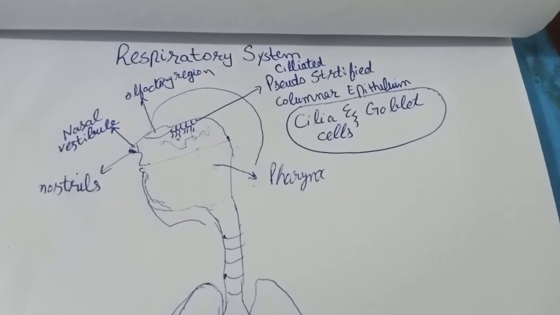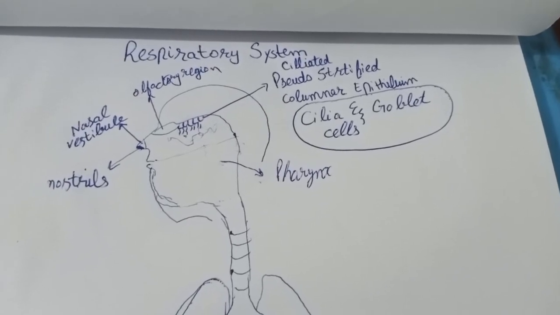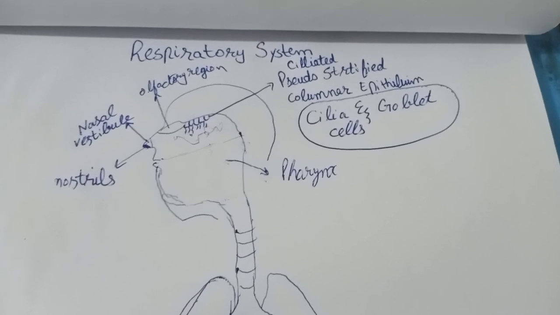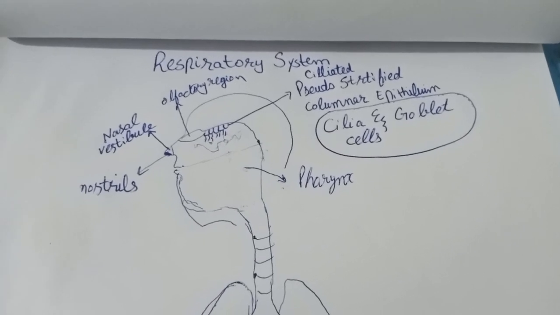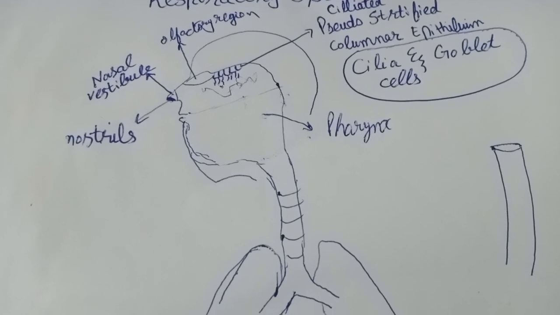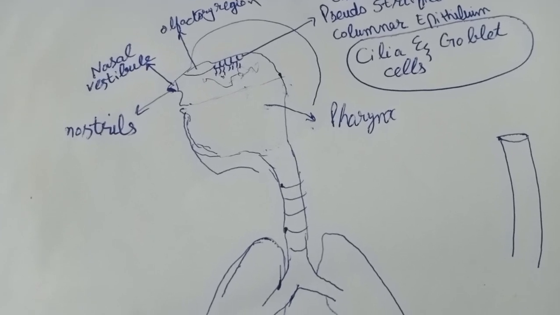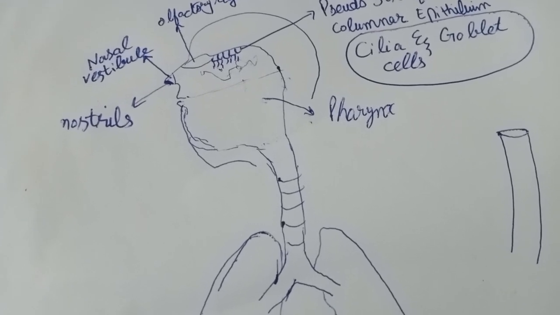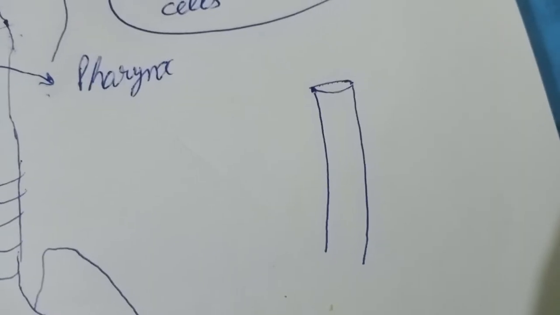After the nasal cavity, the air enters the pharynx, which is common for both the oral cavity and the nasal cavity. After that, air will enter the larynx, then the trachea, and then forward. So this is the trachea.